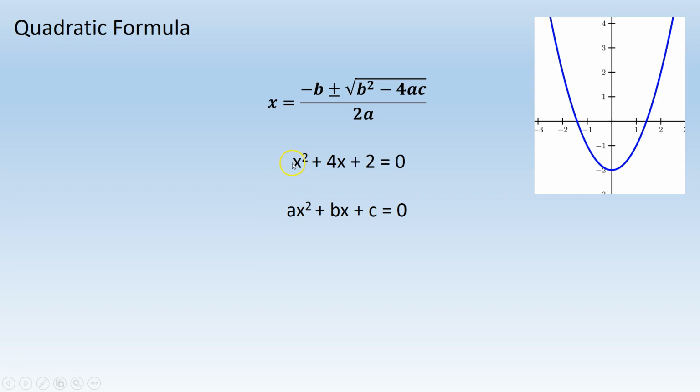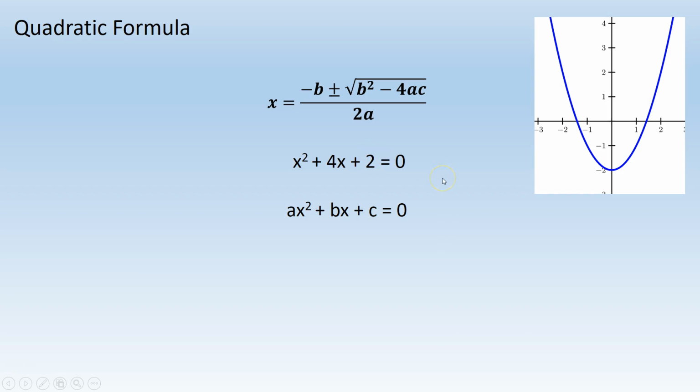Whatever x squared is multiplied by, in this case it's going to be 1, but it could be 2, 3, 4, 5 and so on. Plus 4x, so that 4 is going to be b, and then this last component here is c, which in our equation is 2. So the first part is a, the second part is b, the third part is c.